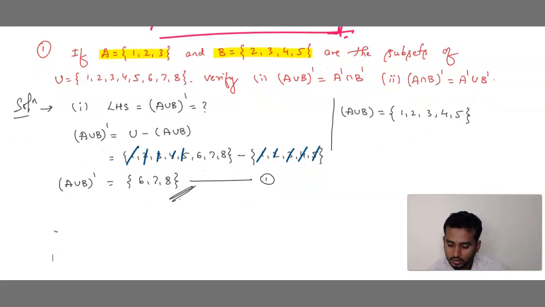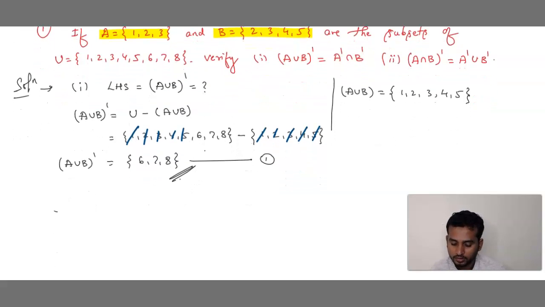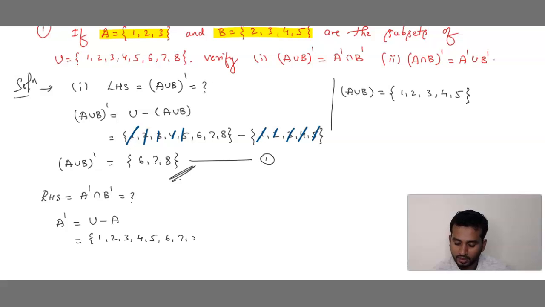After this, what is RHS part? We can see here. The RHS part here is A transpose intersection B transpose. Right? Separately, we find A transpose first. A transpose means what? U minus A. What is set U? 1, 2, 3, 4, 5, 6, 7, 8.